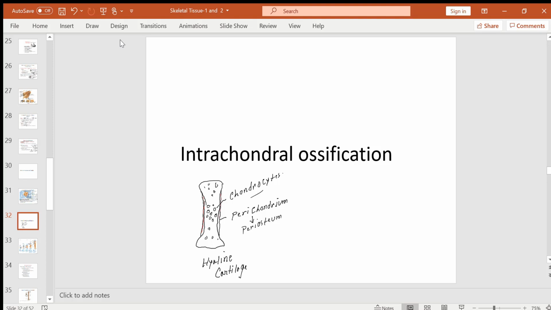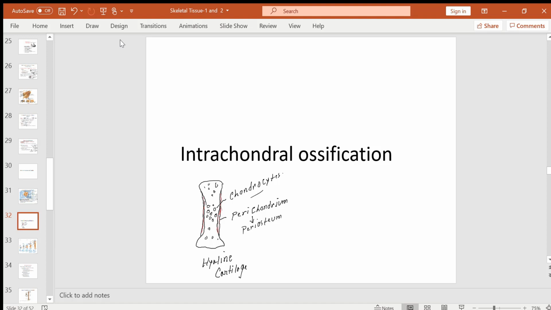And in the inner layer of the periosteum, you must remember from last lecture, you have the cells, osteogenic layer or cellular layer, right? Inner layer. So it has the cells.